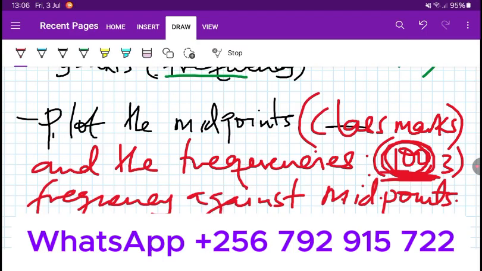So we plot frequency against a given class mark or midpoint.